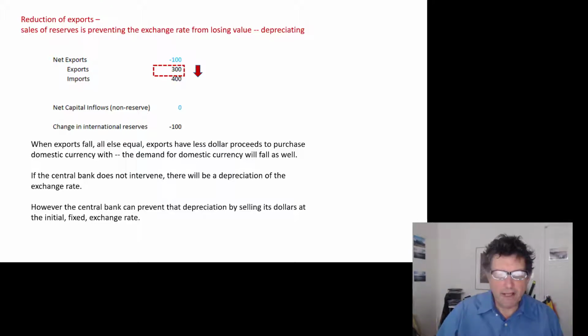If the central bank does not stand and offer to sell dollars at the initial and fixed exchange rate, there will be a depreciation of the currency. But instead, the central bank is preventing that depreciation by continuing to sell dollars at the initial fixed exchange rate. So this is a preventative action. That's the way to think about it.